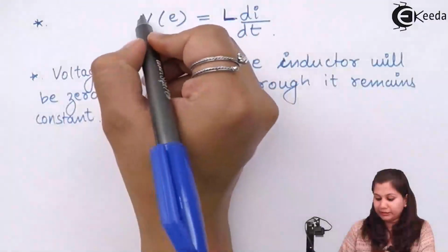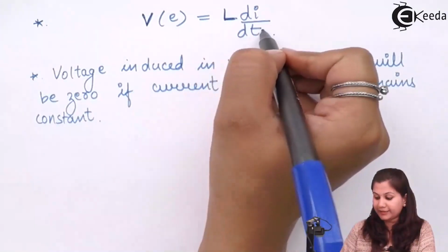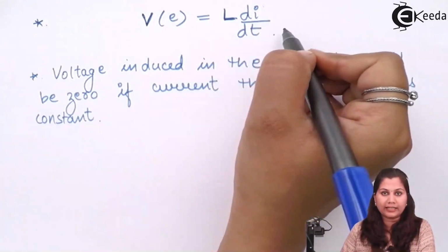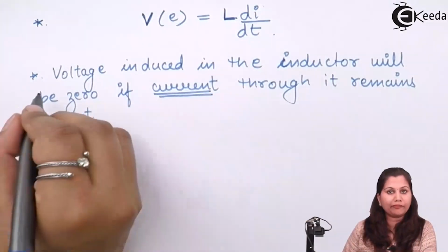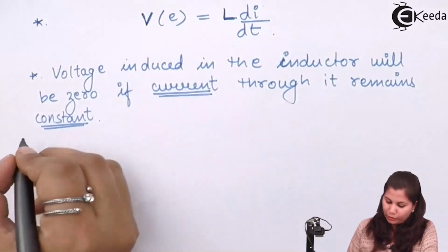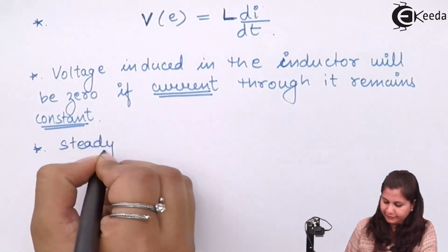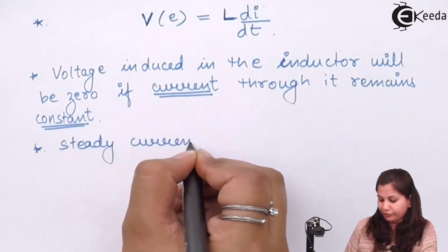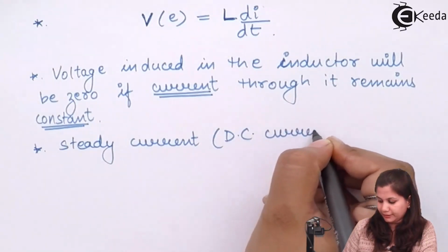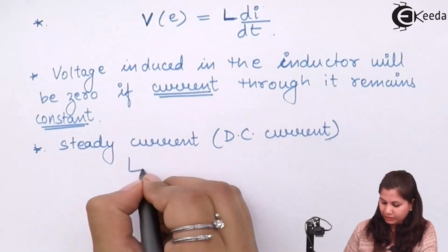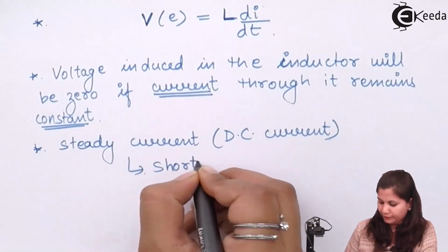Because we have defined the EMF or the voltage induced as L di by dt, that is the rate of change in the current, and if current is constant, current is not changing, then no EMF will be induced in the coil. So if we take the case of steady current or DC current, if DC current is flowing through an inductor in the circuit, then the inductor will behave as a short circuit coil.